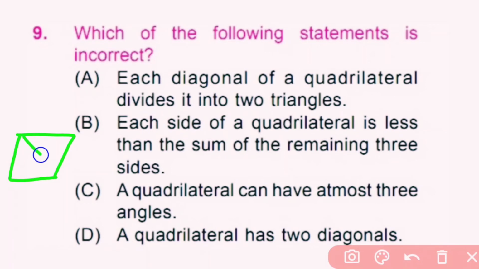Each diagonal divides the quadrilateral into triangles, so statement A is correct. Each side is less than the sum of the remaining 3 sides, so statement B is also correct. Option C, a quadrilateral can have at most 3 angles: a quadrilateral has 4 angles, so this statement is incorrect. And a quadrilateral has 2 diagonals, this 1 diagonal and this 2 diagonal. So only statement C is incorrect. So C is the correct answer.